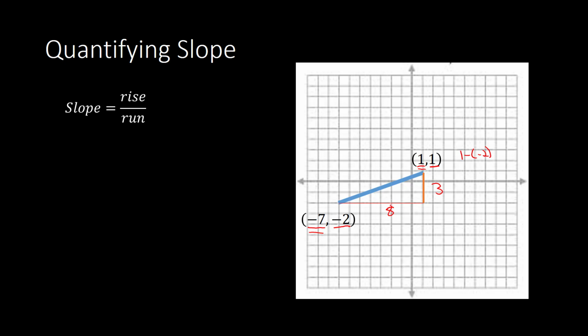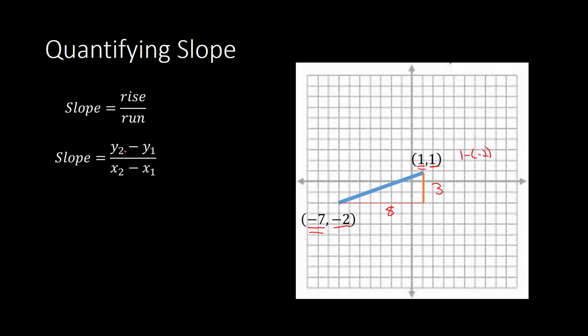And that is going to be the shortcut. Instead of needing to count every time, if I have 2 points, for the rise all I do is subtract the y values, and then for the run, the left and right direction, I just subtract the x values. And that is what this notation means. So this is not y squared and x squared, but this 2 and the 1 are subscripts.